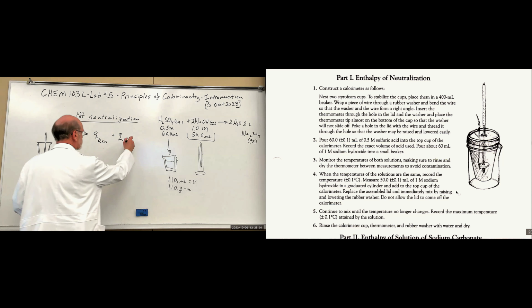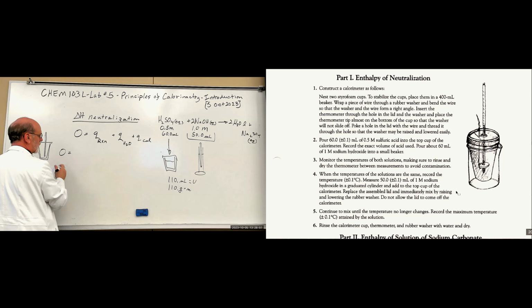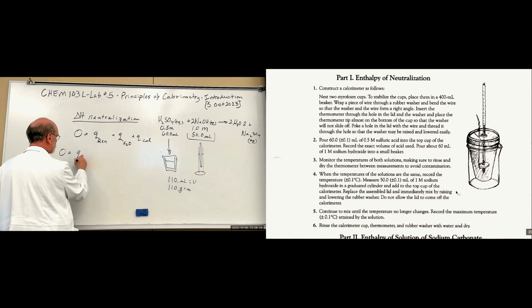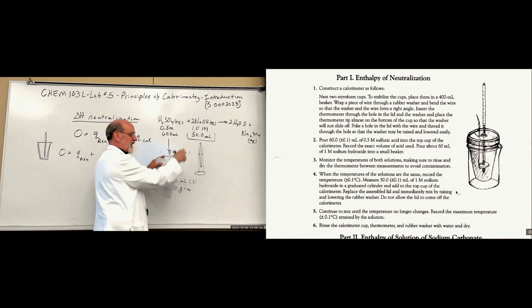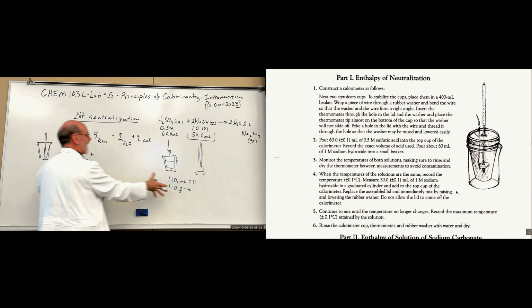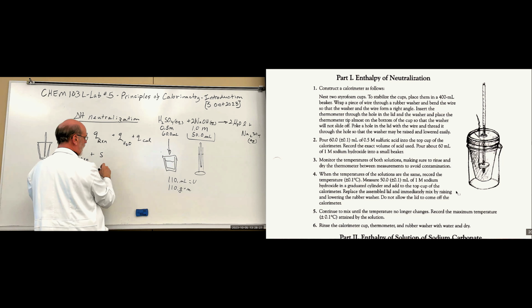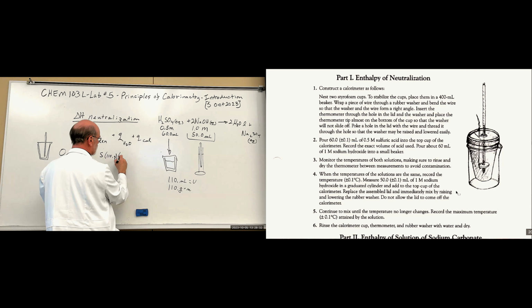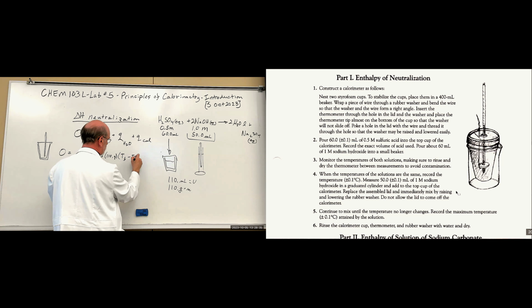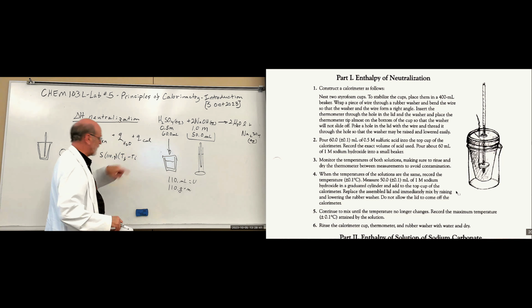Okay, so we've got this, and Q of the calorimeter. So when we run our experiment, the Q of the reaction is our unknown. What's the Q of the water? Well, this is where it's important that the temperatures be the same. Because if they are, then we can combine all of this together in that term. Right? We have the specific heat of the water. We've got the mass of the water, which is 110 grams. And we've got the change in temperature, final minus initial. Right? The initial temperature, as long as it's the same for both of them, we can plug it in right there.